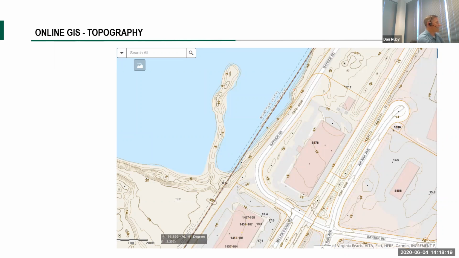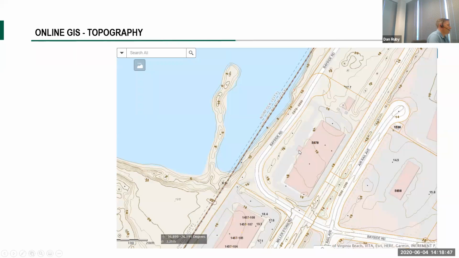So taking a look here at an example of online GIS, this is just available in your web browser. And this is an example from the City of Virginia Beach. City of Virginia Beach has a very robust online GIS database. And so you see here, we've got road networks, we've got building locations, we've got contours.